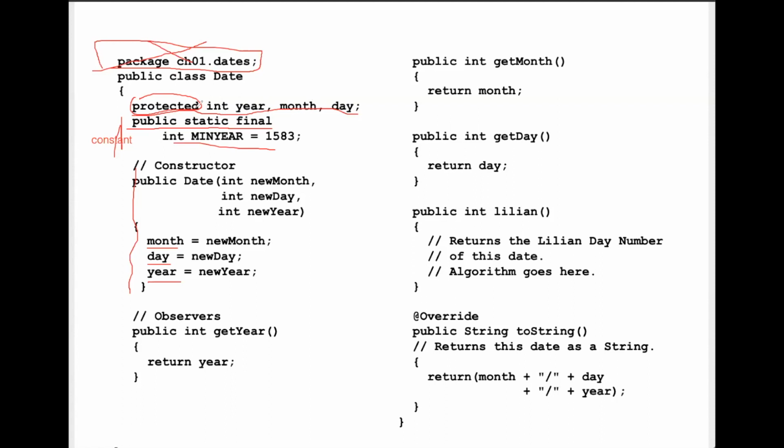But more so, this protected allows any classes sitting inside this package, chapter 1 .date package, to have visibility into year, month, and day. So it is very possible that in the date package there are other utility date objects that may make use of this date object. That's why year, month, and days come with protected variables here.